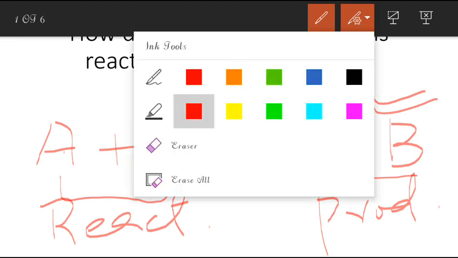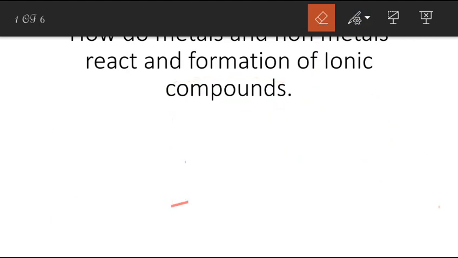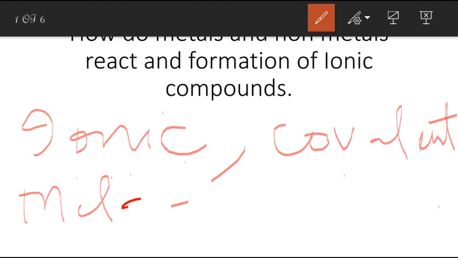There are two main types of compounds. One is ionic compound and the second is covalent compound. I have already made you understand in your last class, that is ninth class, what the difference is between ionic and covalent compounds. You know that an ionic compound is formed between a metal and a non-metal.